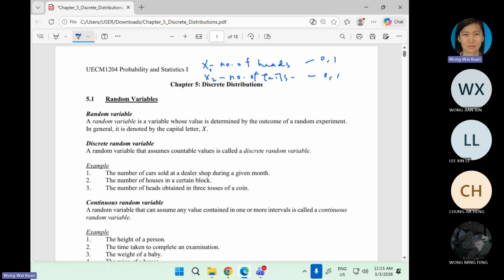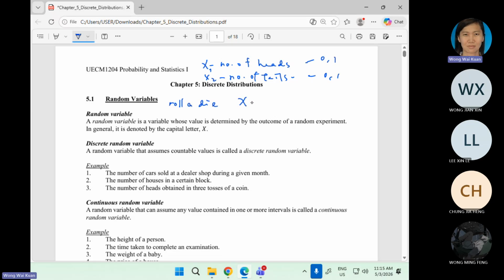When I toss a coin, it's only the number of heads or number of tails. But when I roll a die, I have many possibilities.